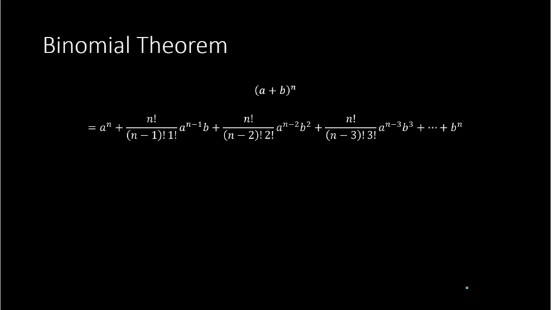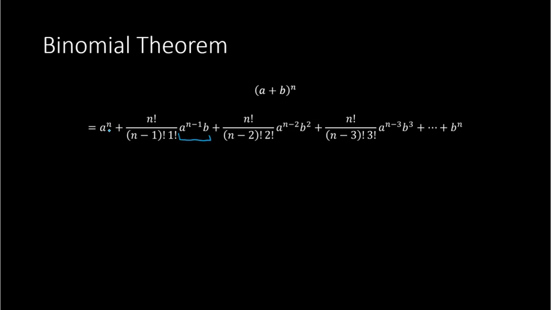Alright, and so what we have here is basically a pattern of each term. So we start with a to the n power, so whatever power we have, whatever exponent we have up here, we raise a to that power to begin with. Alright, and then if you look at the variable component, the exponent for a will keep decreasing.